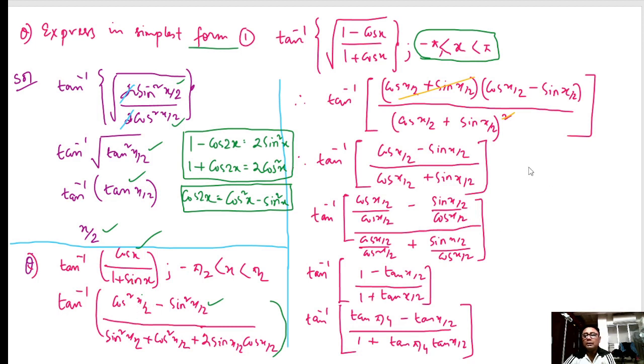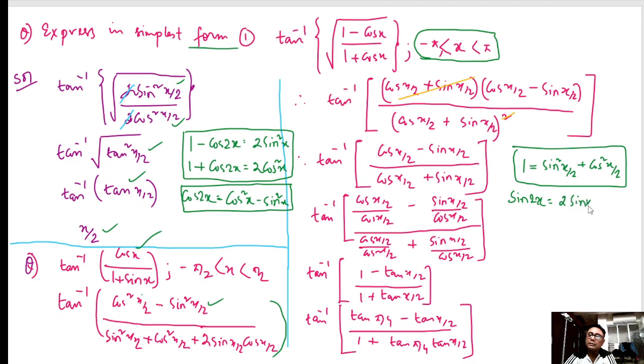We know that 1 can be written as sine square x by 2 plus cos square x by 2, because sine square theta plus cos square theta is 1. And sine 2x can be written as 2 sine x cos x, so sine x will be 2 sine x by 2 cos x by 2.